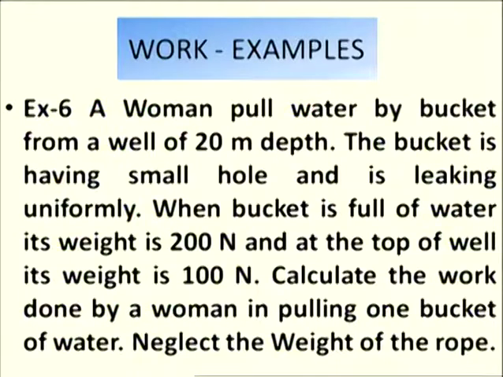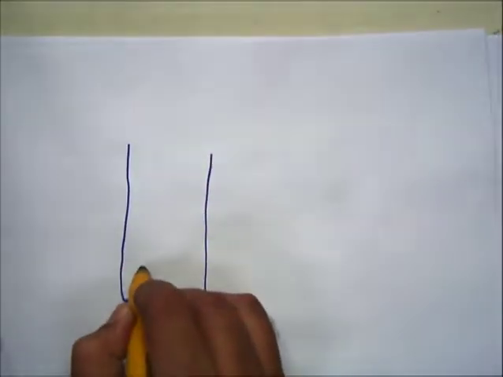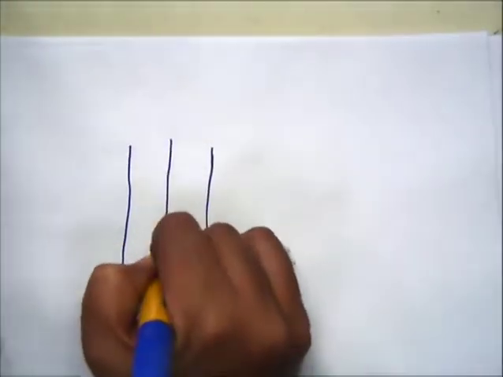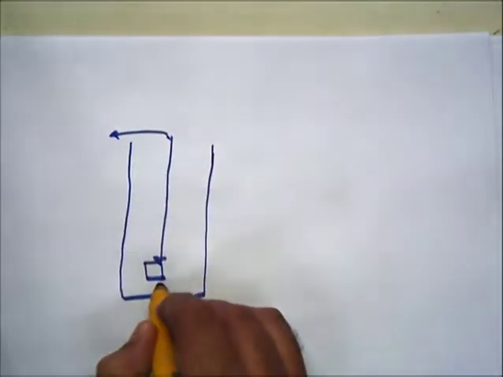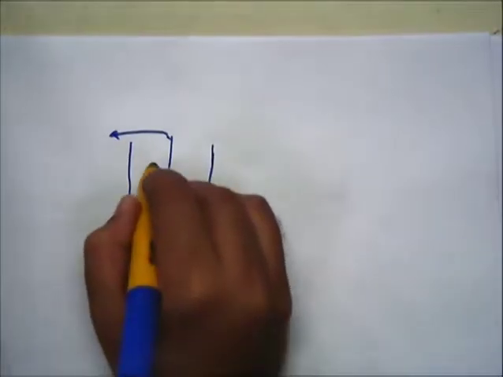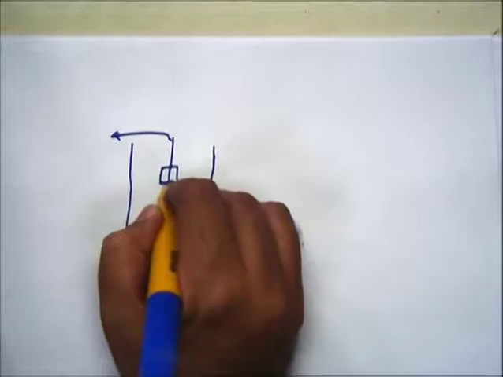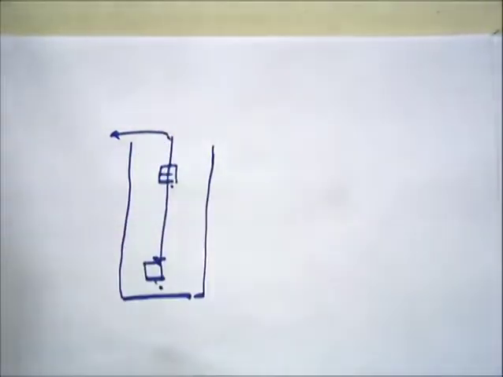So it is another interesting example. Suppose this is the well and here is the bucket. We are pulling the bucket here. So at initial stage it is full of water, and due to the leakage, when it reaches the top, some water is lost and the bucket will remain partly empty.